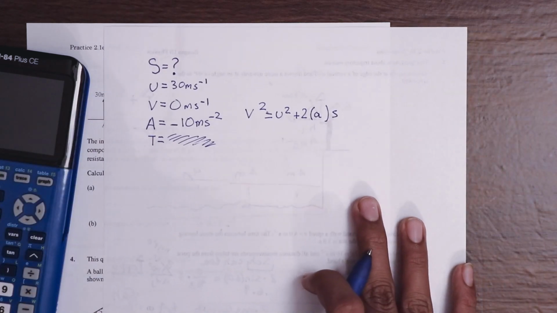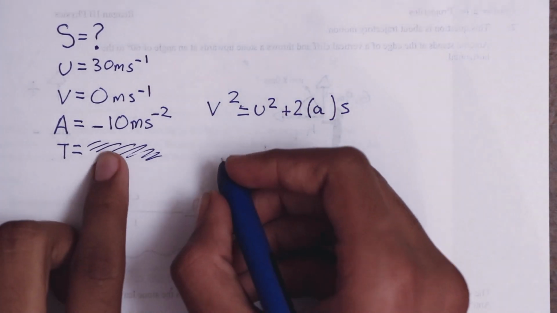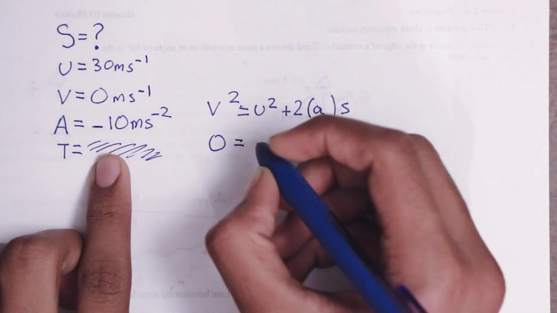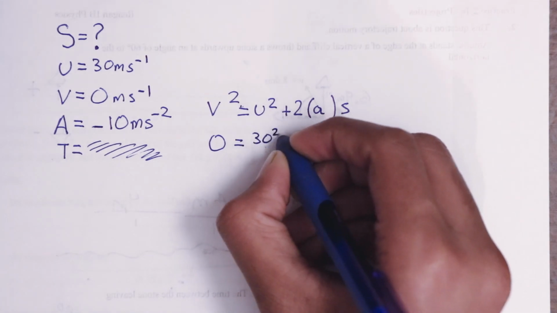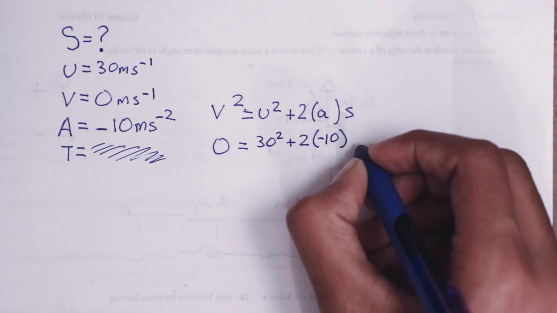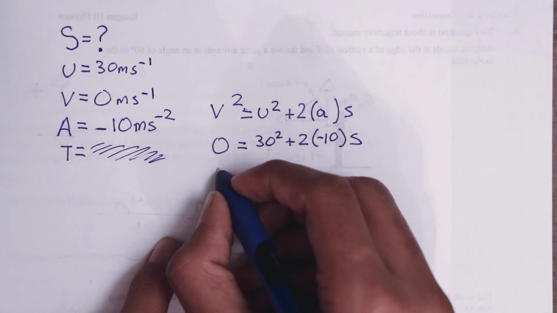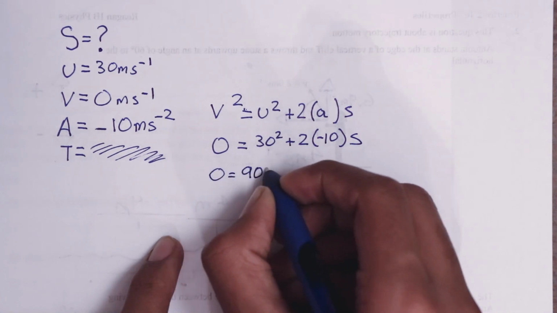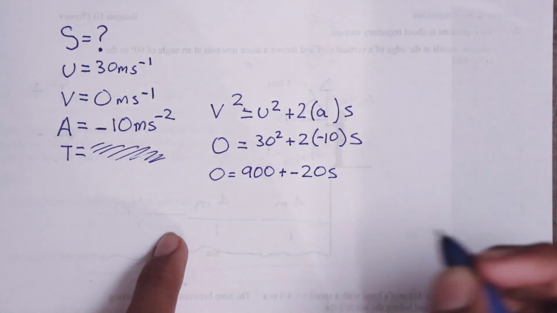Now, doing some math, our final velocity is 0, our original velocity is 30 squared, plus 2 times negative 10, and then we're trying to find our s. So 0 equals 30 squared, which is 900, plus negative 20s.